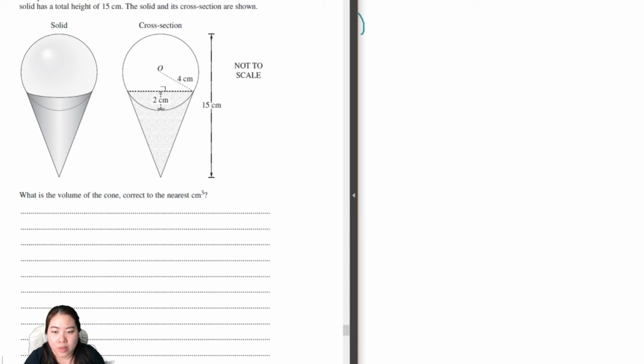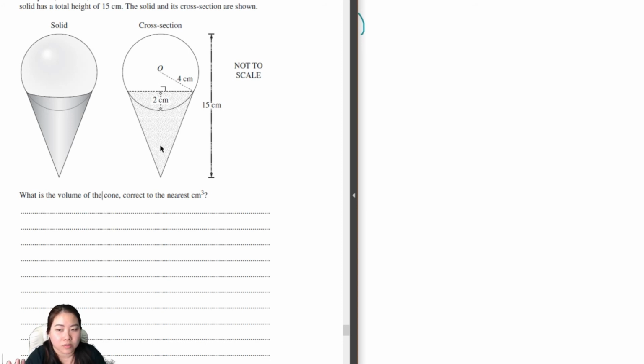Now, whether it wants the volume of the entire cone or just the free space underneath this sphere, I'm not sure, but it's asking for the volume of the cone. And thinking about it, if it is asking for the volume underneath the sphere inside the cone, it will be incredibly difficult to find.